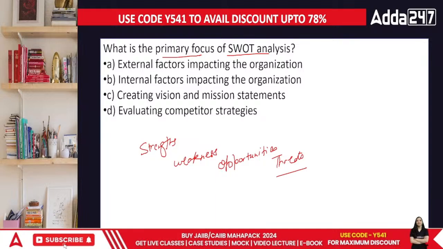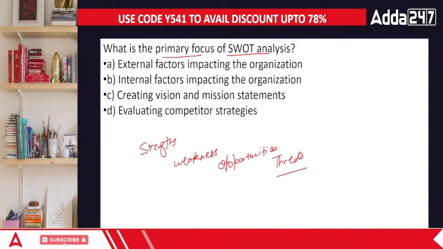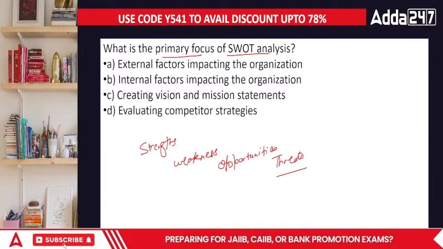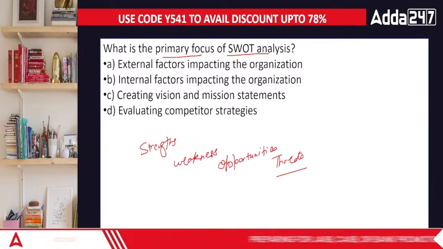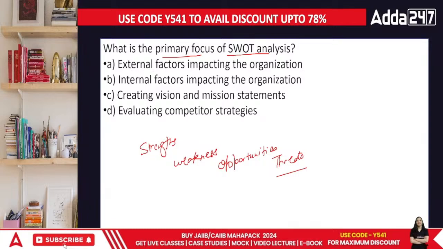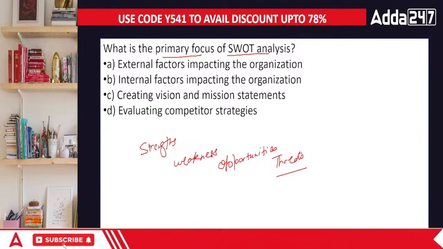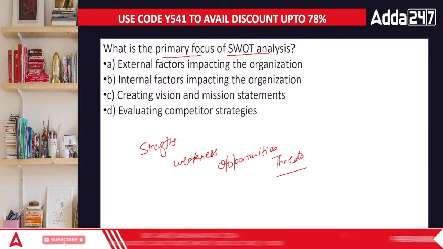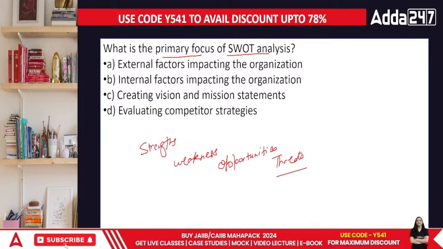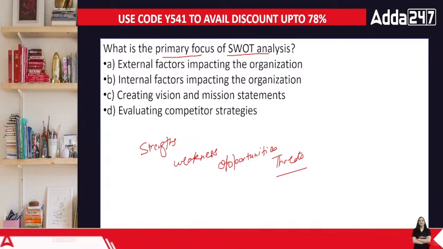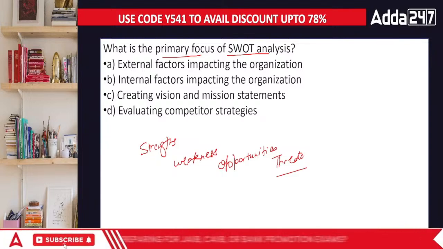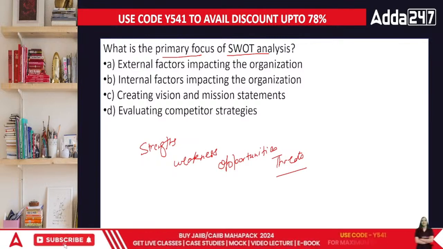SWOT basically helps you to understand your external environment first. Strength is basically your inner feeling. Weakness is also your inner feeling. You might be good at something, you might be bad at something. That is strengths and weakness, everyone. Then we have opportunities and threats. Opportunities can be a situation where we talk about the work profile that you can find in future.